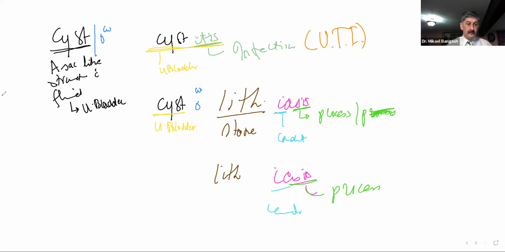Lit is still stone, but now we use the word for kidney instead. That will be nephro, and of course we have a combining vowel, O. So development of kidney stones is going to be called nephrolithiasis. The word nephro just means kidney.